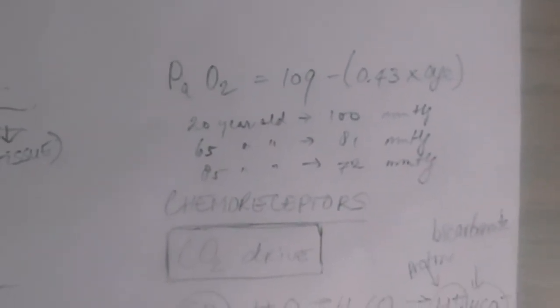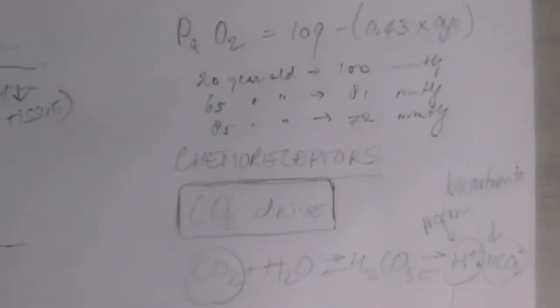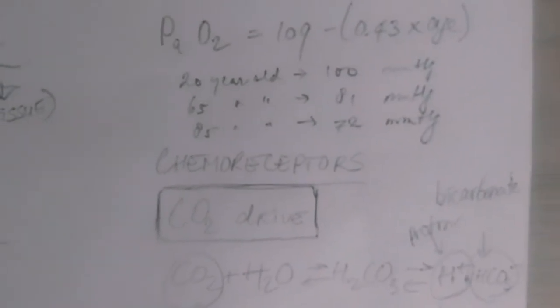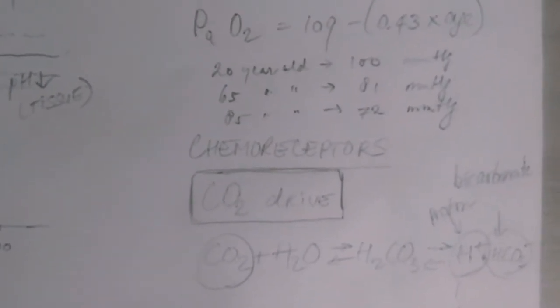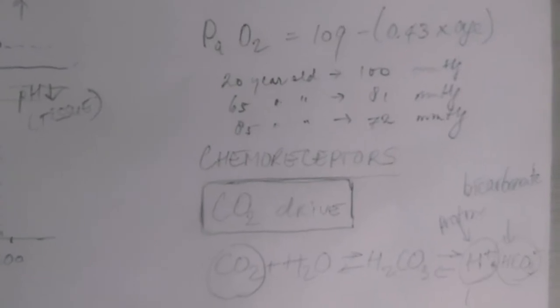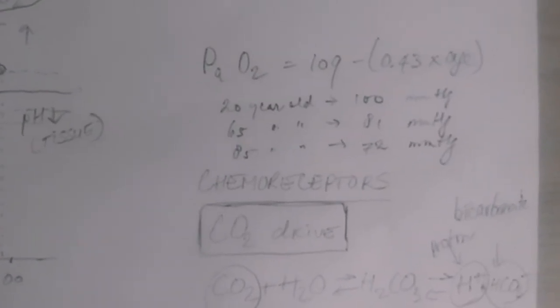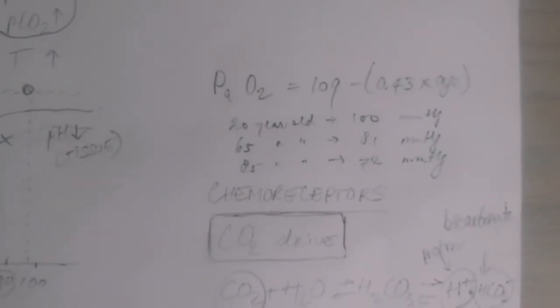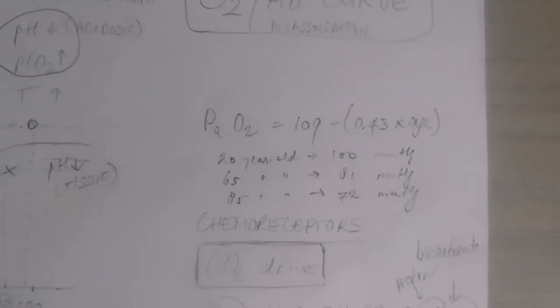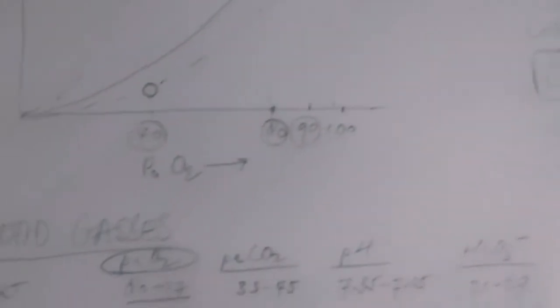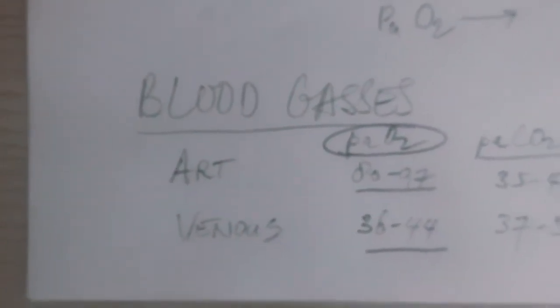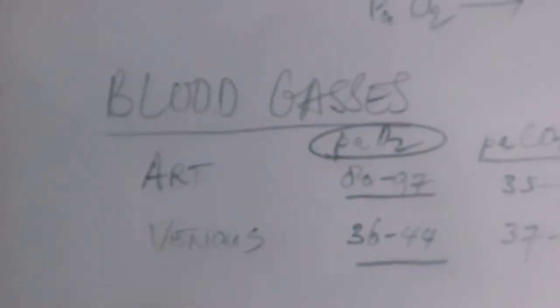And similarly for a 65-year-old, that would go to about 81, and for an 85-year-old, 72. So on average, we say a normal PaO2 blood gas is between 80 and 97. At the bottom here, I have listed the normal values for blood gases.